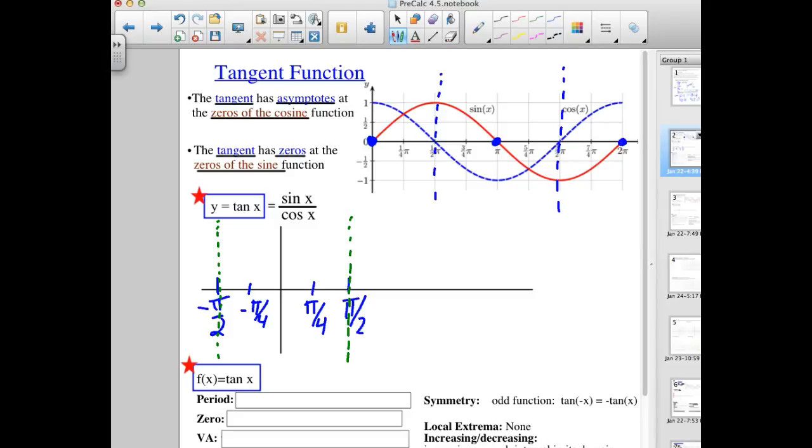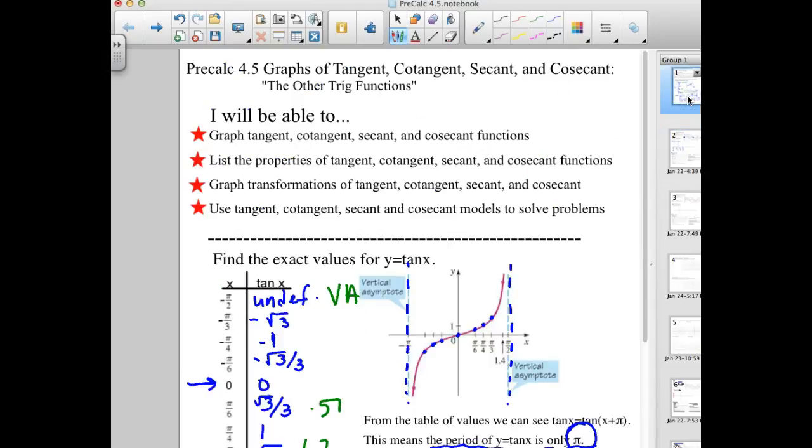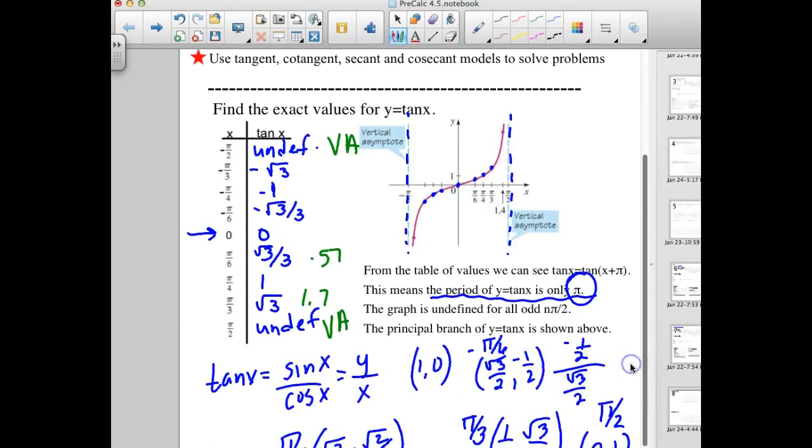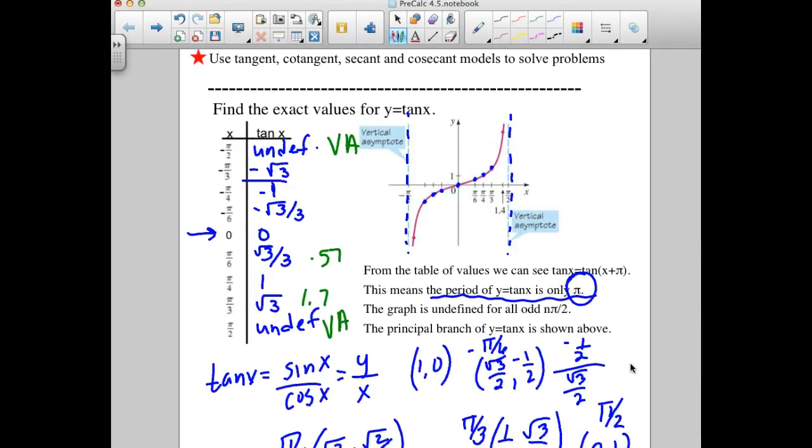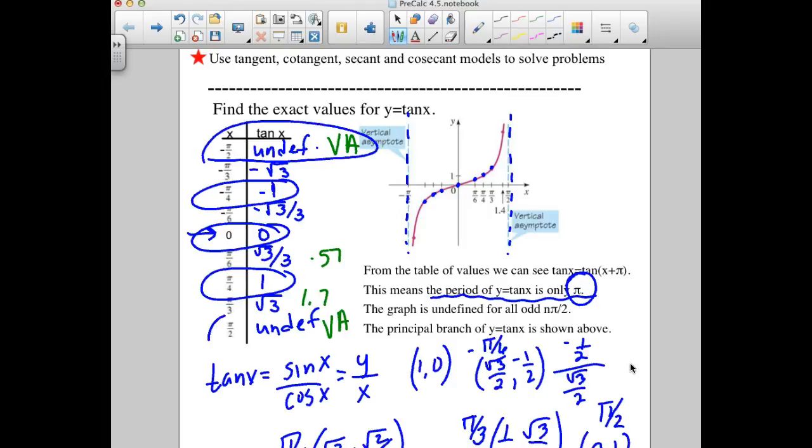In this T-chart, what would be easy to plot? Yeah, pi over 4s, right? 0, that's easy. If we know the basic shape, we know where we have vertical asymptotes, and we know our 1s and our 0s, we can get our graph. We don't need to worry about all the root 3 over 3s and the root 3s.